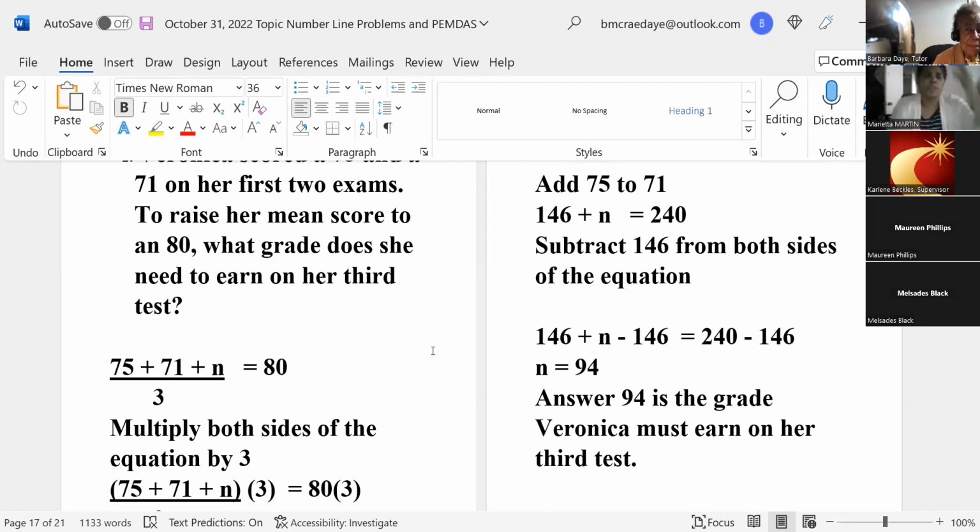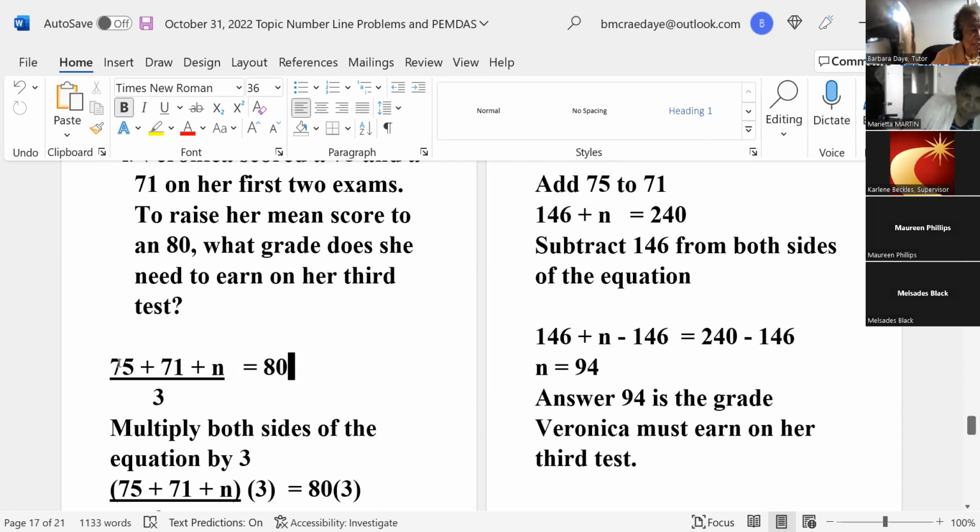The second common type is you are given the mean and some scores, and you want to know how to get that mean with an additional score. That additional score is the n. So that's why you use 3? Yes, because now you have 75, 71, and a new grade.